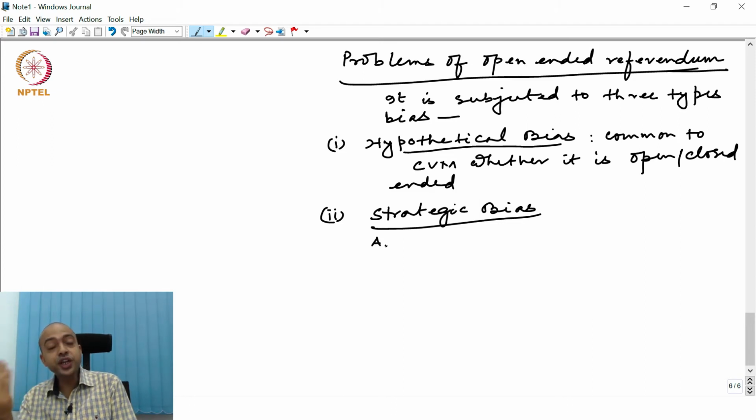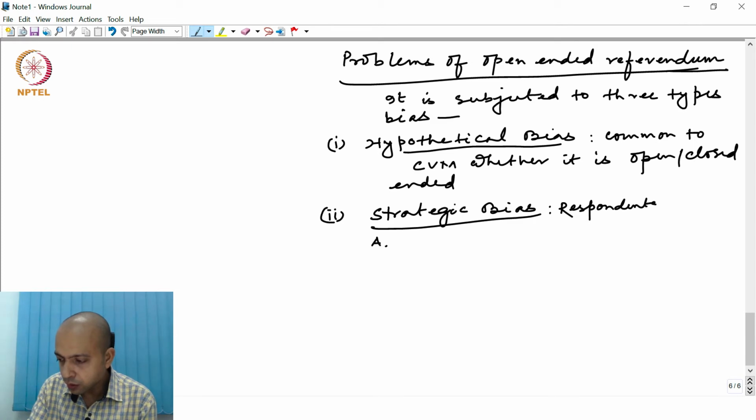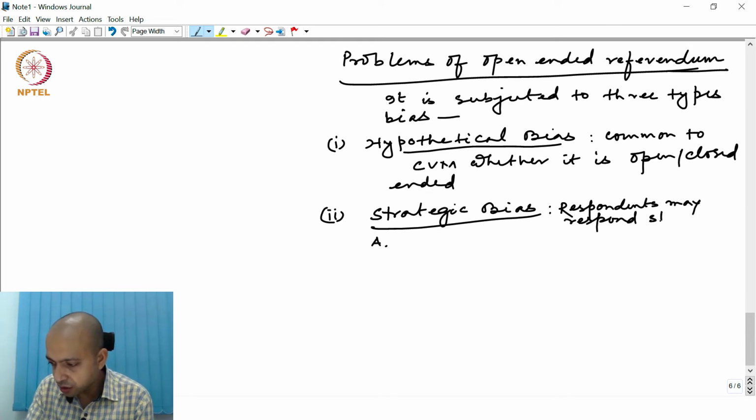Since it does not involve actual payment, the respondents may respond strategically, which leads to strategic bias.